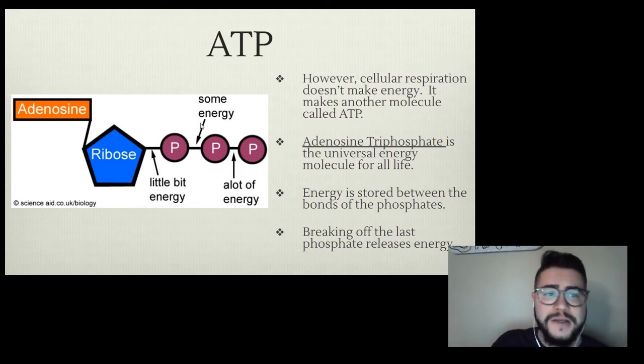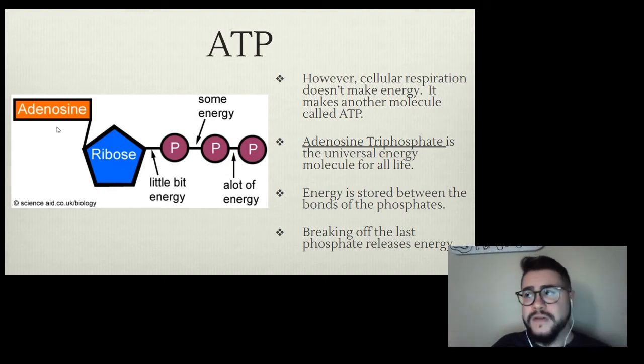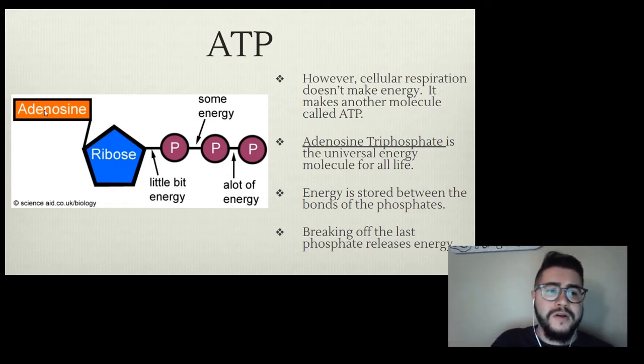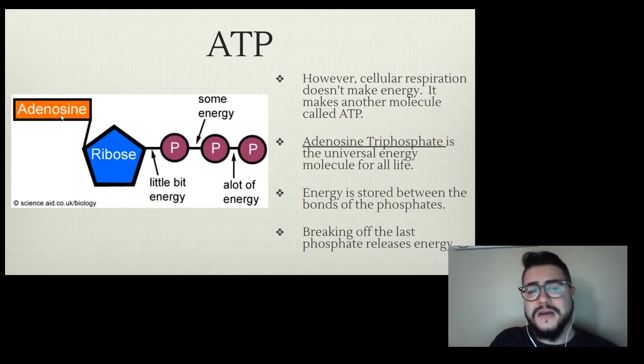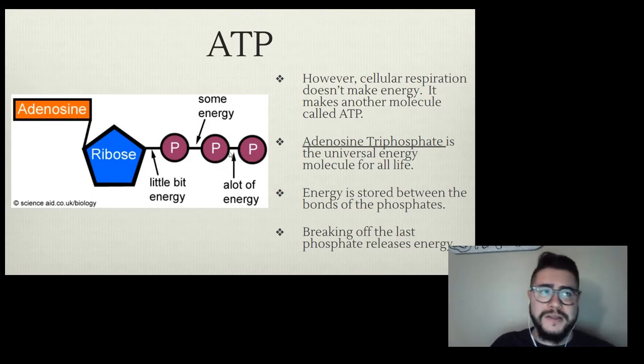ATP has a specific structure. Drawing it in your notebook for this unit will be pretty important. It's got an adenosine molecule, which is like a nitrogenous base, connected to a ribose, which is a little sugar, which is then connected to three phosphate molecules. The energy stored in ATP is between the chemical bonds of the phosphate groups. That'll be true for a lot of what we talk about this unit.